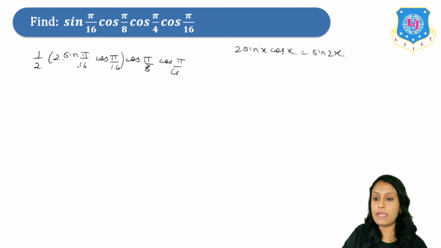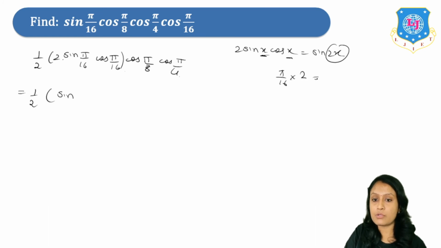So apply this formula over here, so you will get 1 by 2 here sine. Now here we have x, so here we are getting 2x, so we have pi by 16, so we need to multiply by 2, so you will get pi by 8, right? So here we have sine pi by 8, cos pi by 8 together, and this cos pi by 4 over here.